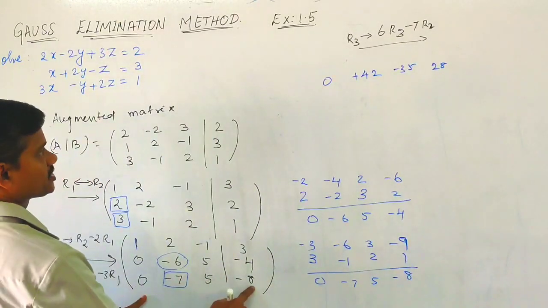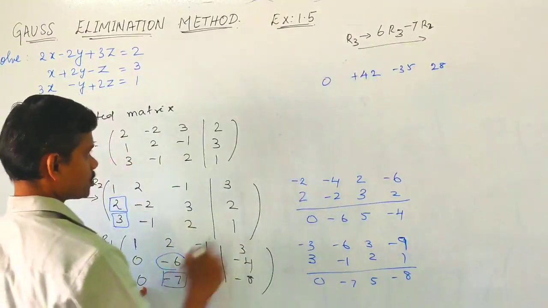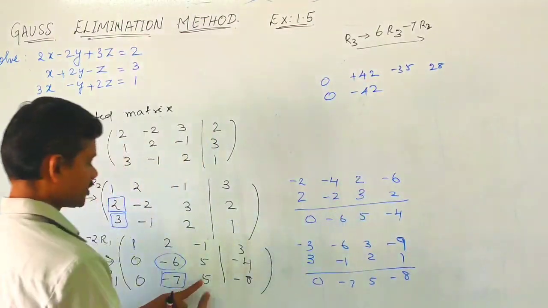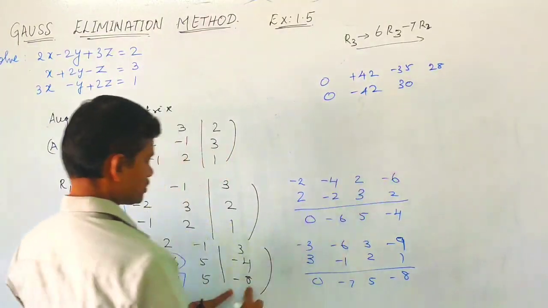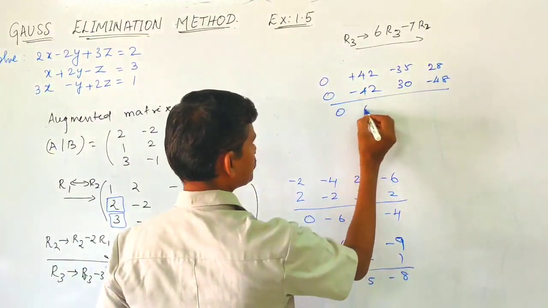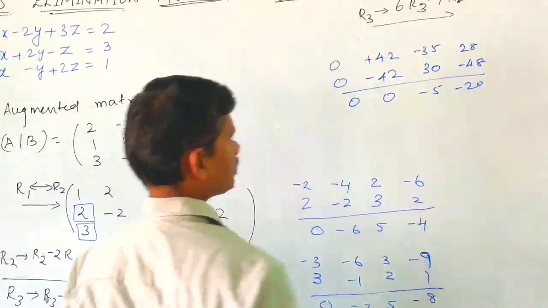Here I multiply row 3 with 6: 6 into 0 is 0, 6 into minus 7 gives minus 42, 6 into 5 gives 30, 6 into minus 8 gives minus 48. If you simplify, you will get 0, 0, minus 5 and minus 20.